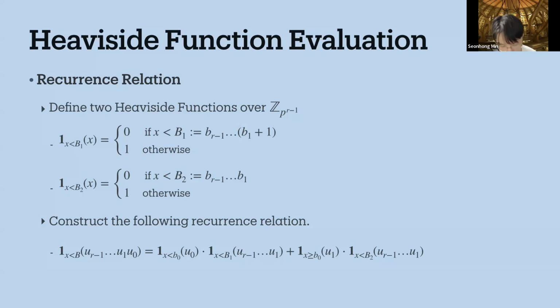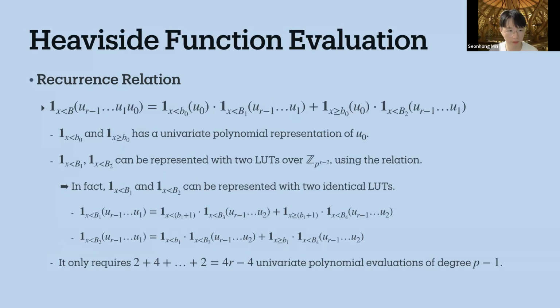So the original Heaviside function can be written as some summation of multiplications between these newly defined Heaviside functions and a univariate Heaviside function for U0. Since that univariate function can be represented with a univariate polynomial of U0, you can compute it directly from U0.